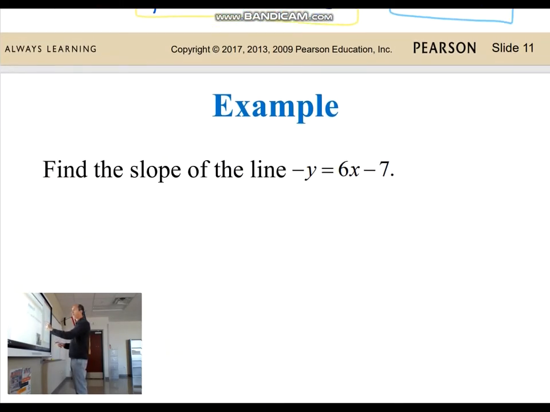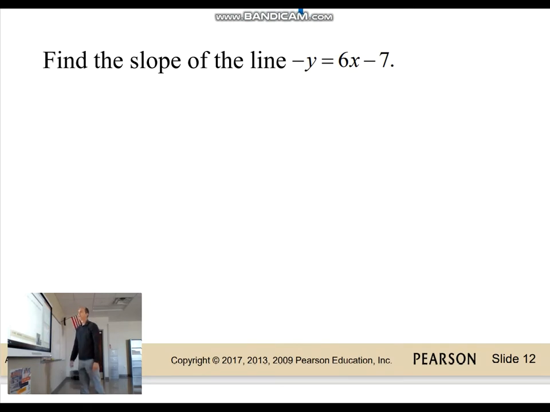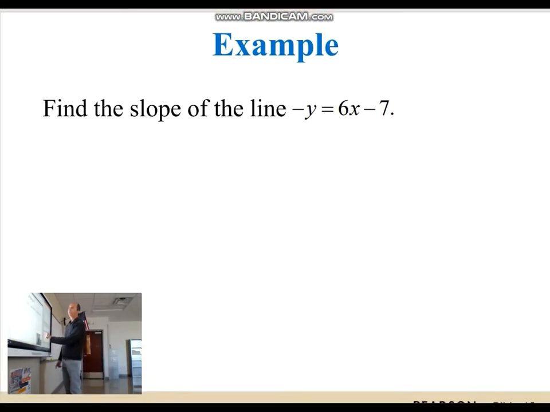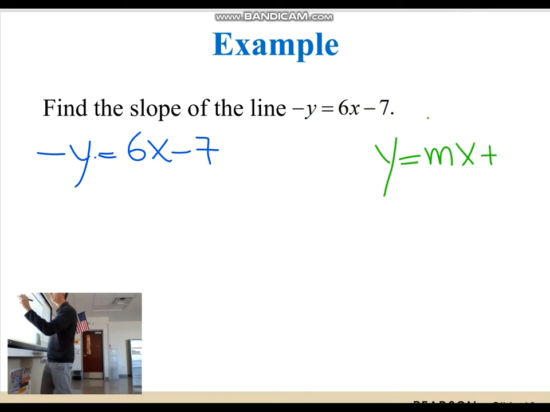Another example to work on, we have this question here: find the slope of the line negative y equals 6x minus 7. So let me rewrite here, negative y equals 6x minus 7. Again, remember the slope-intercept form is y equals mx plus b.